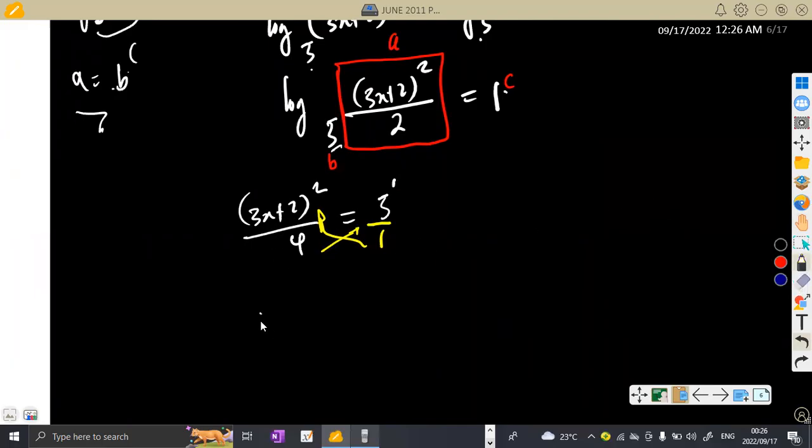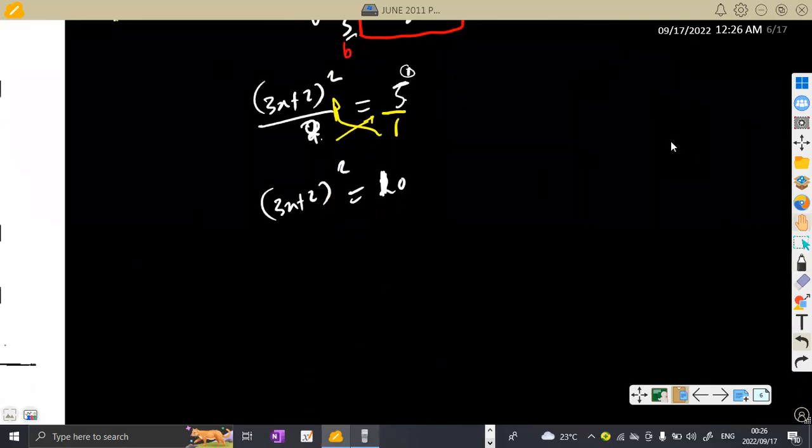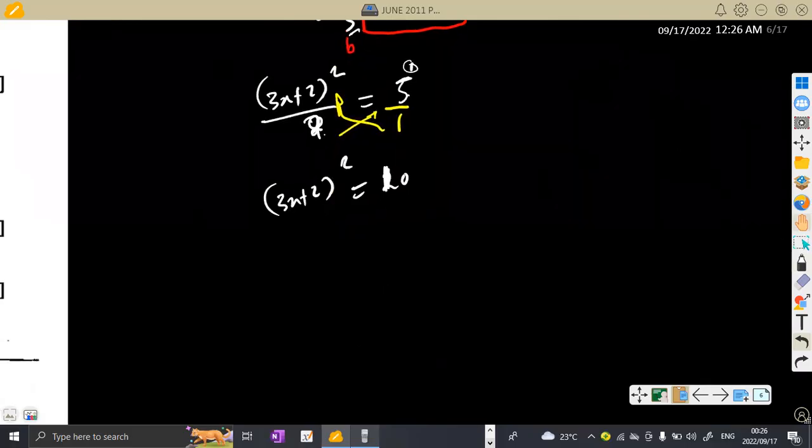So this is going to remain as it is, which is 3x plus 2 squared, which is equal to 5 to the power of 1, which is 5, times the denominator. It's actually 2 here, guys. So it's 2 times 5, which is 10. So we can expand brackets and collect like terms. After that, we can actually show that equation.